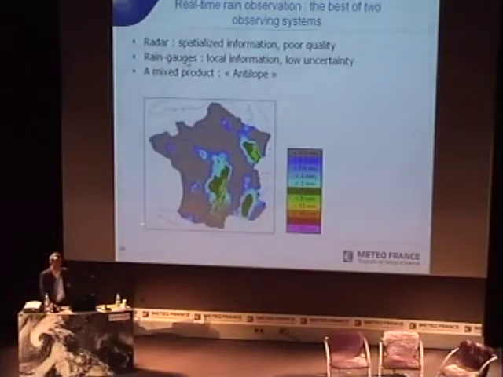We have about 1,000 automatic rain gauges that provide real-time information that is more accurate, but that only provides local information, as you can guess. So we developed a mixed product. Its nickname is Antelope, which combines the two pieces of information and tries to give the best of the two.